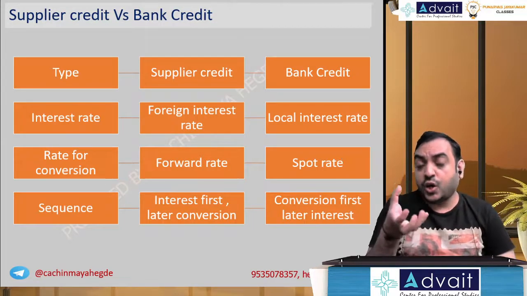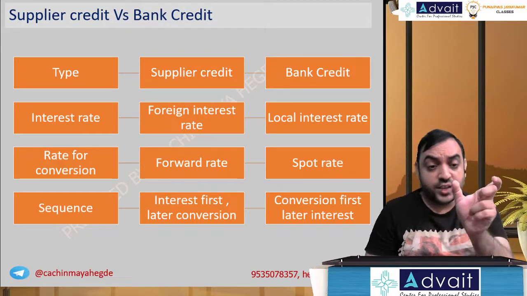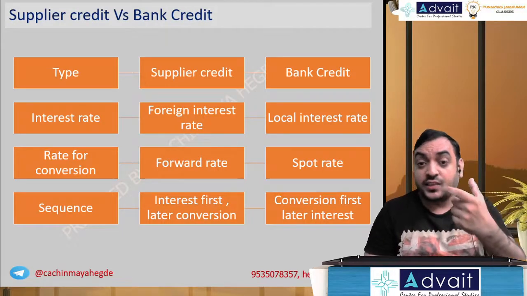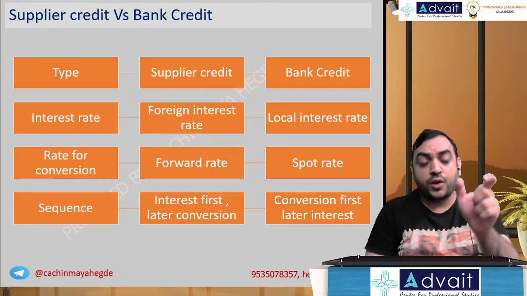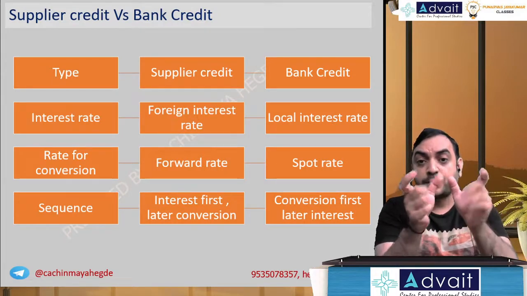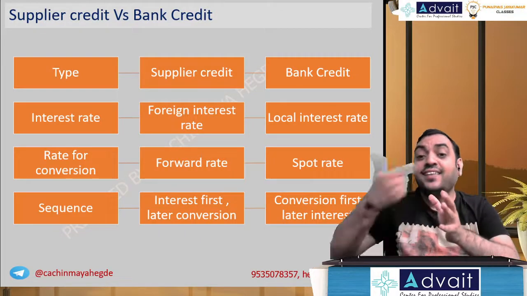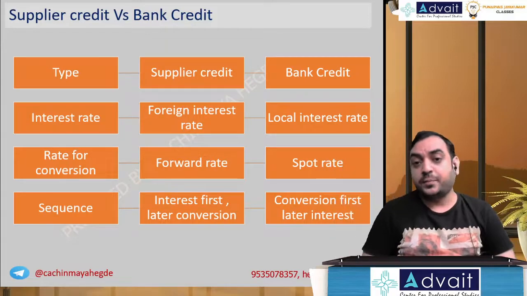You have to buy the dollars to make the payment to the supplier. This is the cash flow that will take place today, and that equivalent amount you borrow from the bank. Then you add the interest charged by the bank, and that is the total payment after 3 months.